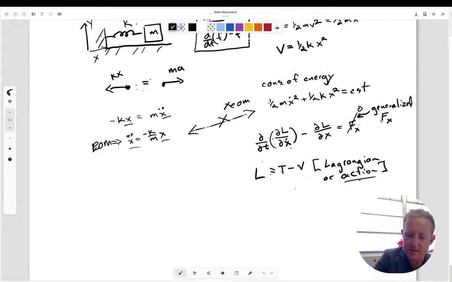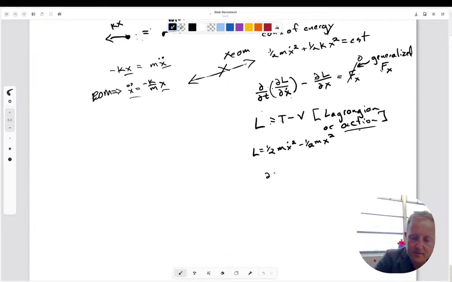So T minus V, so that's 1/2 m x dot squared minus 1/2 k x squared. That's our L. So dL/dx dot is m x dot. dL/dx is m.